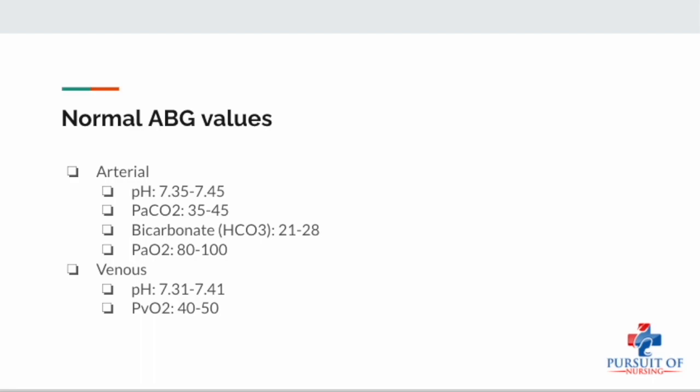So just remember, low pH for acidosis and high pH for alkalosis. A respiratory imbalance is going to have an opposite relationship, whereas a metabolic imbalance is going to have a corresponding relationship. If you memorize those, and definitely memorize these lab values, you will be able to read and analyze any ABG that's given to you.